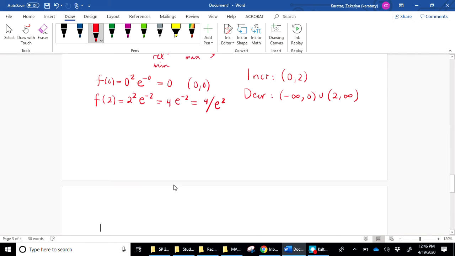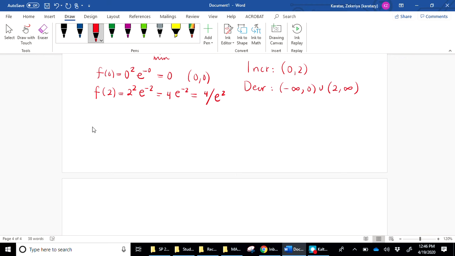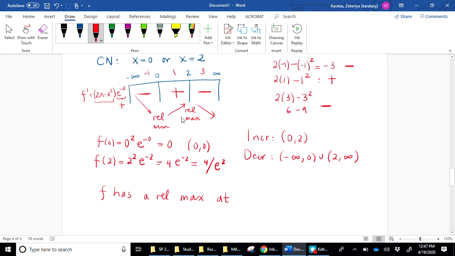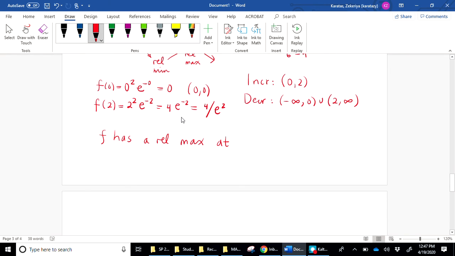So if you write down the max and mins, f has a relative max at 2 comma 4 e to the negative 2, and f has a relative min at 0 comma 0.